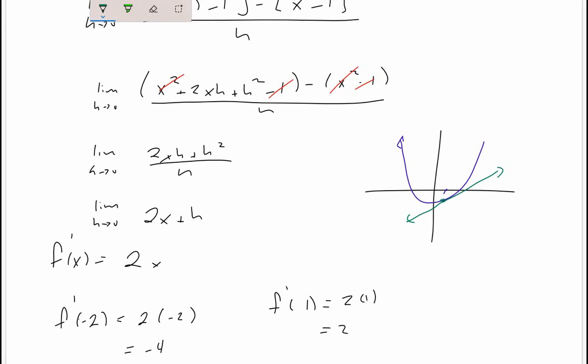There are not shortcuts for everything, okay? What we're going to be doing here shortly is learning shortcuts, but they only work for particular types of functions, okay? So that's where you need to be careful, and that's why it's important that we know the definition, because the definition always works, okay? The shortcuts don't necessarily always work.